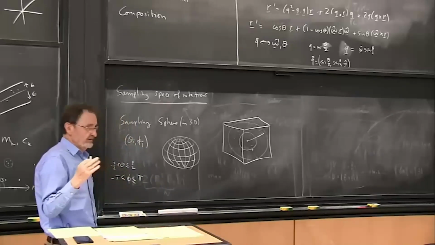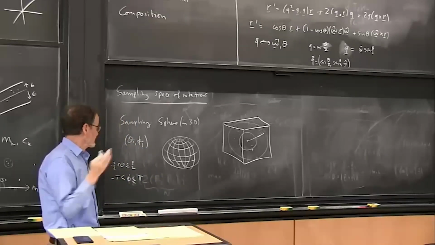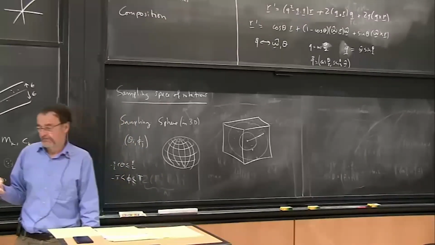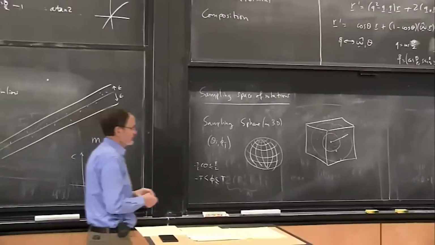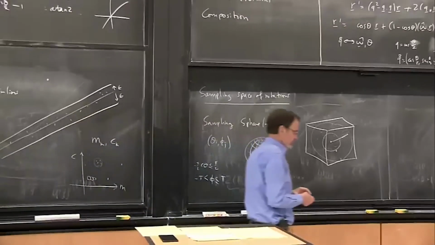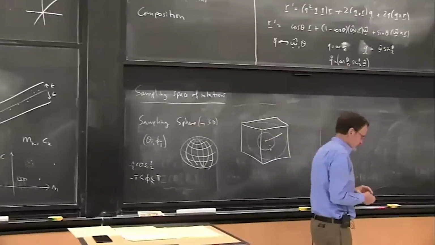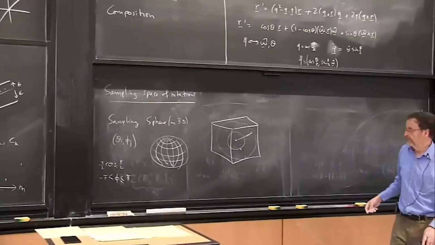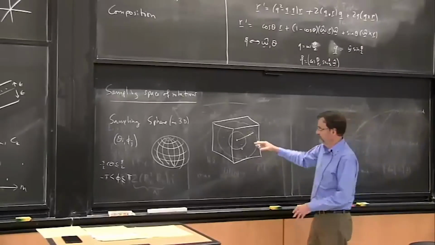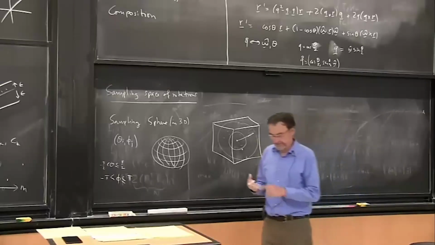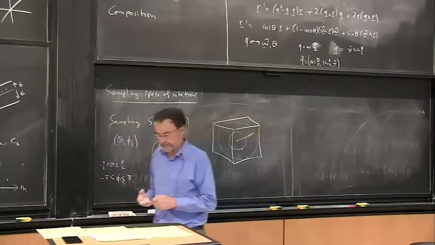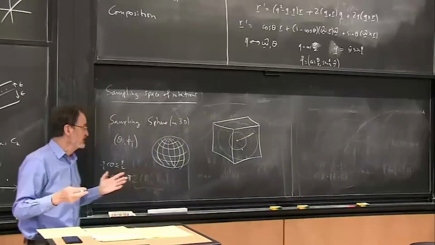So we may not care about the sphere, but I can't draw this in 4D. But it works exactly the same way. If we want to have a nice uniform random sampling of 4D space, one way of doing it is exactly this. We do a 4-dimensional equivalent of the cube. So we generate 4 random numbers for x, y, z, and say w.